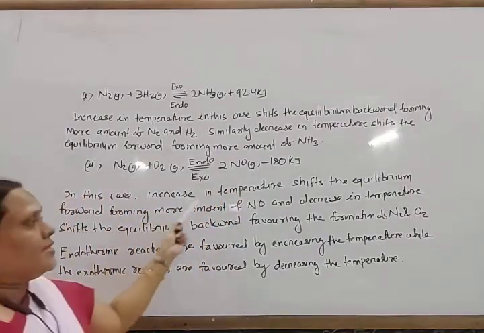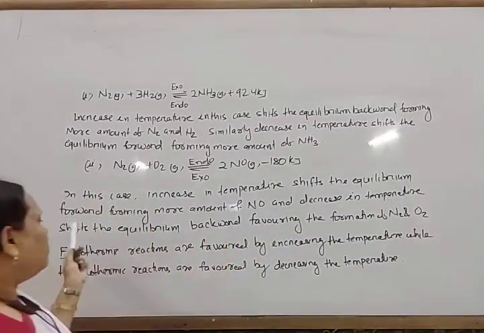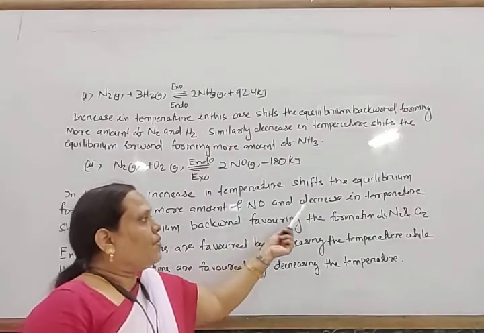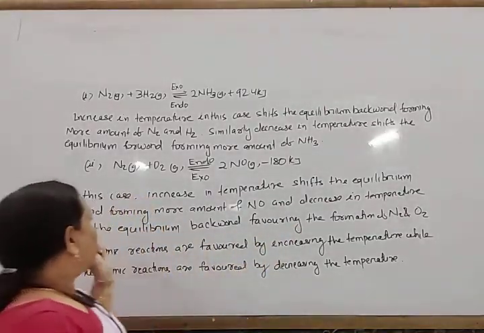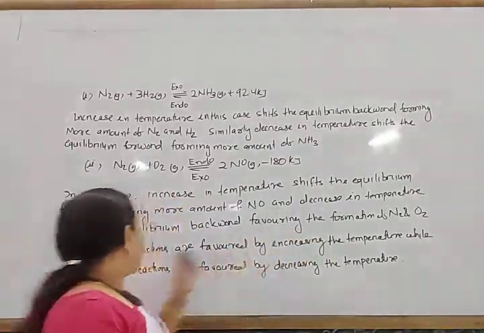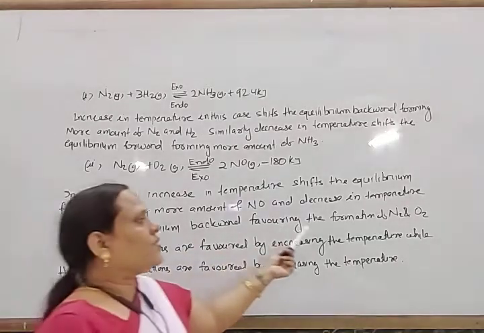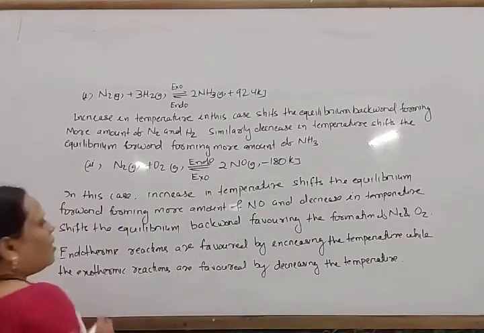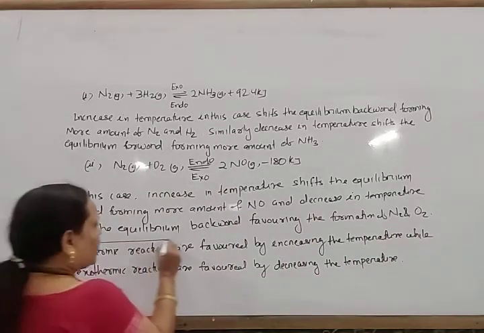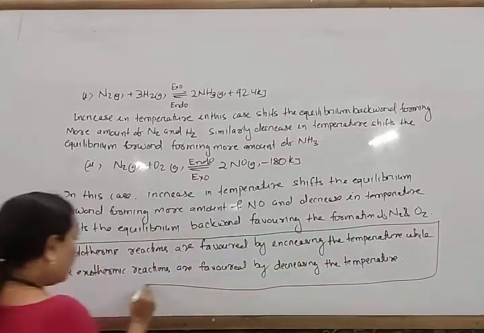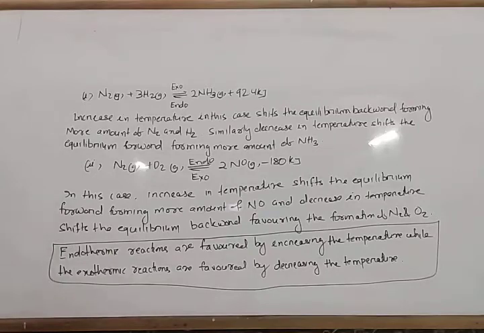So in this case, increase in temperature shifts the equilibrium forward, favoring more NO. And decrease in temperature shifts the equilibrium backward, favoring the formation of N2 and O2, or decomposition of NO. Or we can say endothermic reactions are favored by increase in temperature while exothermic reactions are favored by decrease in temperature. So note down these.